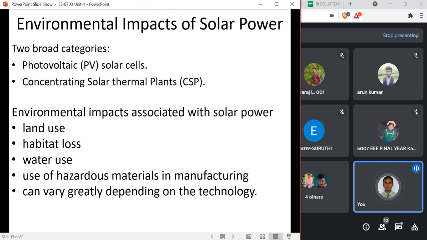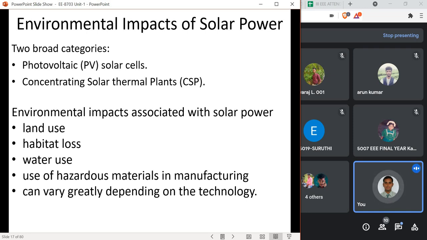Before studying solar power, we should know what forms of energy we are getting from the sun. The forms of energy we get from the sun are, first, heat energy, and then light energy.